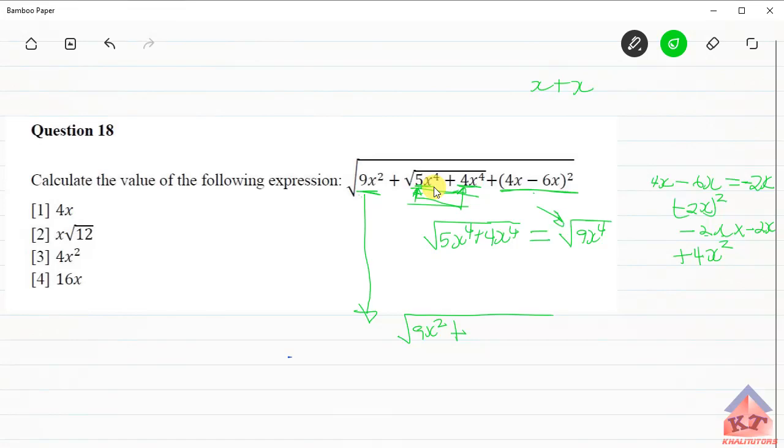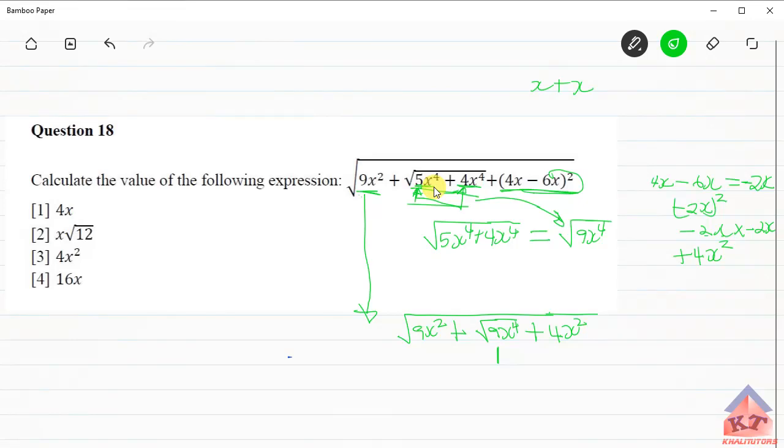Then instead of writing this, we're going to write the square root of 9 multiplied by x to the power 4. Then instead of writing this here, we're going to write plus 4x squared.